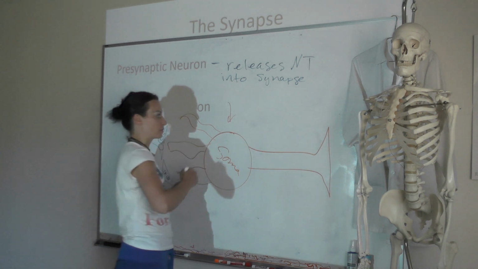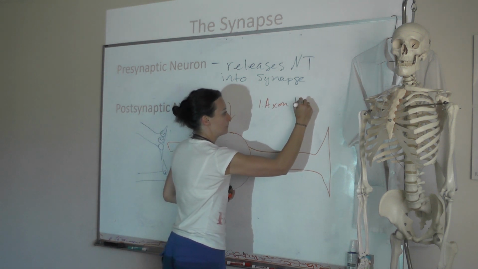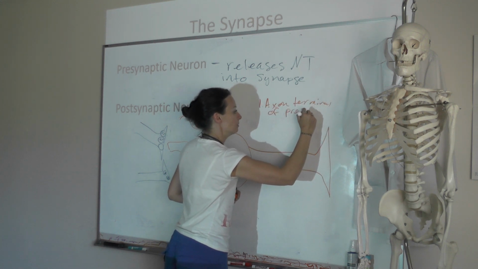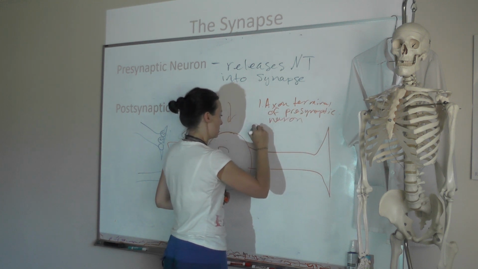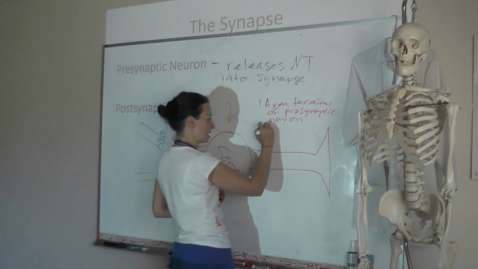So a synapse has three parts. One is the axon terminal of the presynaptic neuron. Two is the space right here, the synaptic cleft.